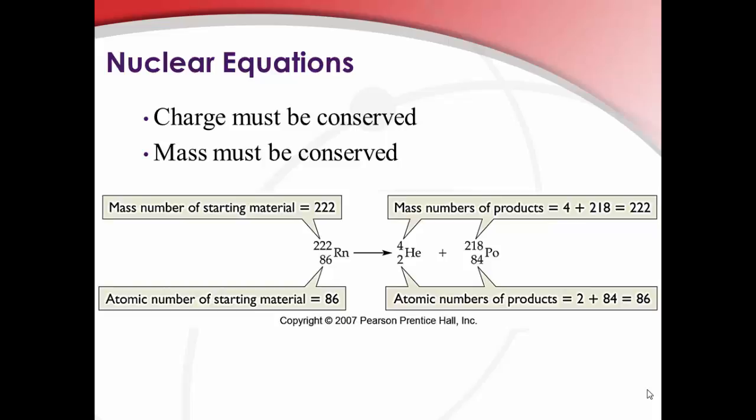Also, the total number of protons on the left side is equal to the total number of protons on the right side. 86 equals 2 plus 84. During nuclear equations, the mass must be conserved, and also the total charge must be conserved. On the next few slides, we will practice writing nuclear equations.